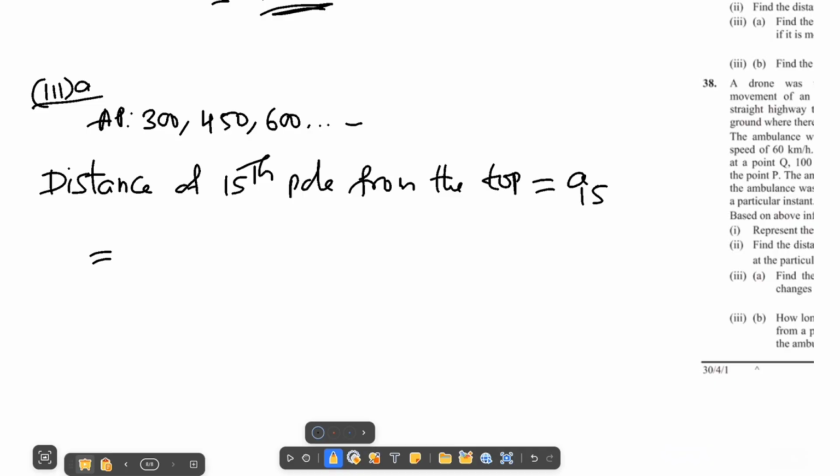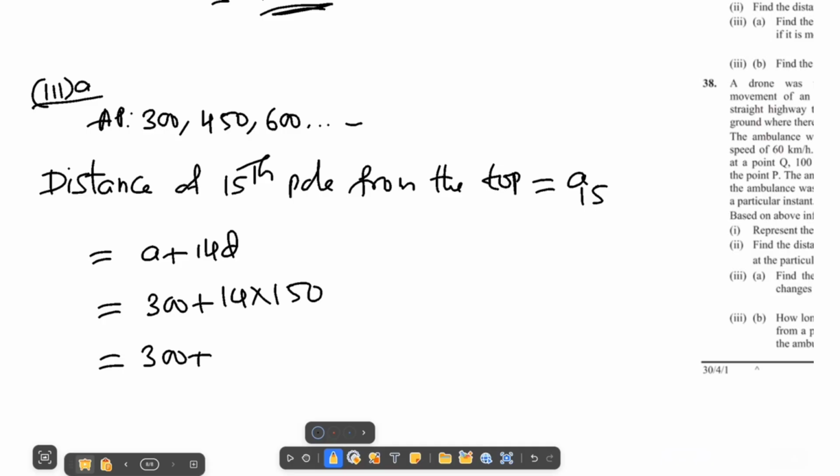So this A15 can be written as a plus 14 times the common difference. The first term here is 300, and 14 into the common difference is how much? 150. So 300 plus 150 into 14.